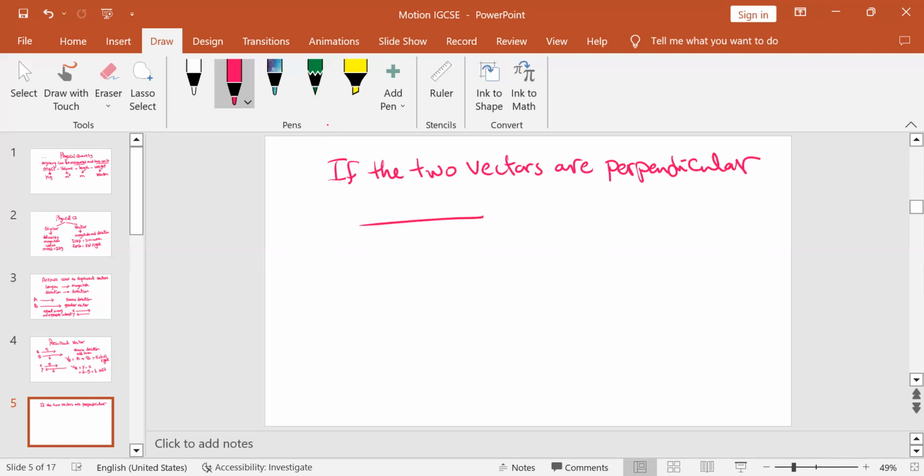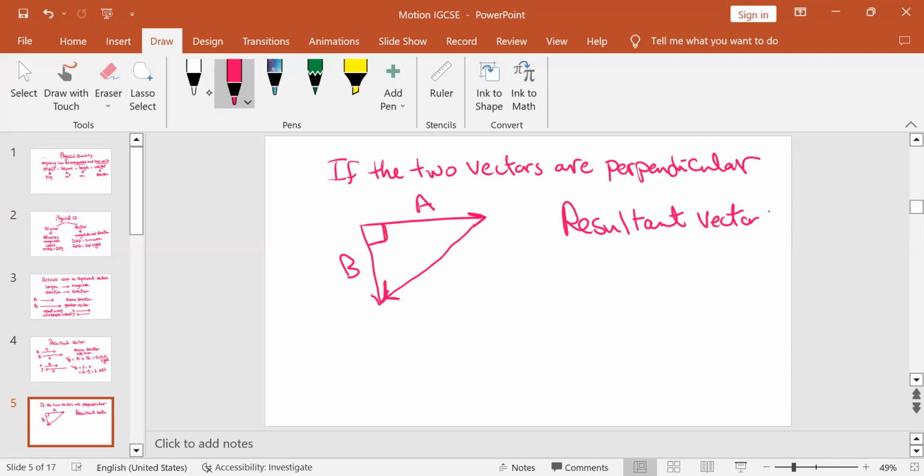If we have vector A and vector B, how to find the resultant vector? The resultant vector will be the hypotenuse of this right angle triangle.